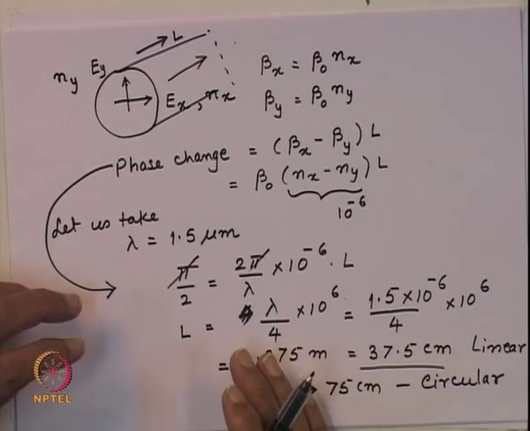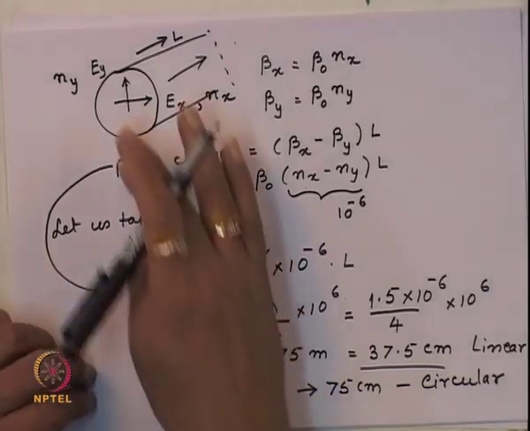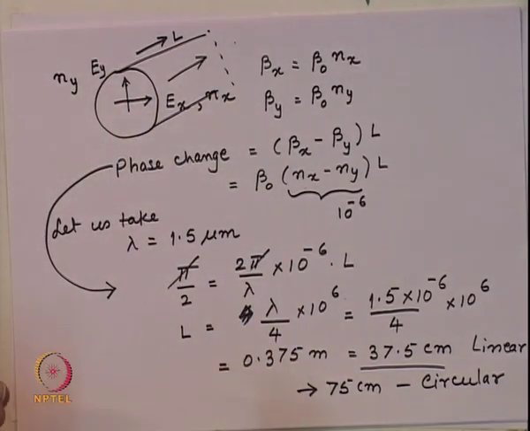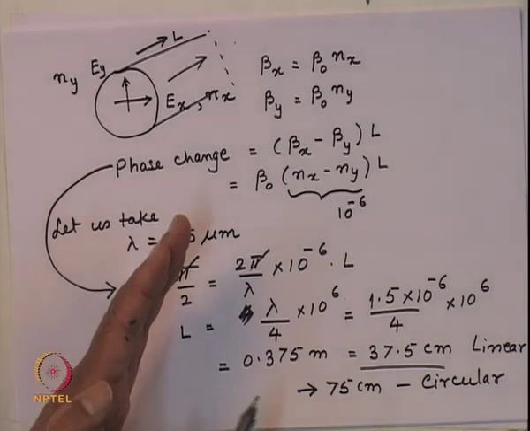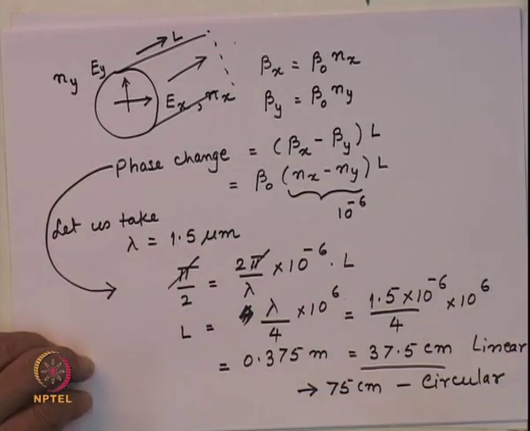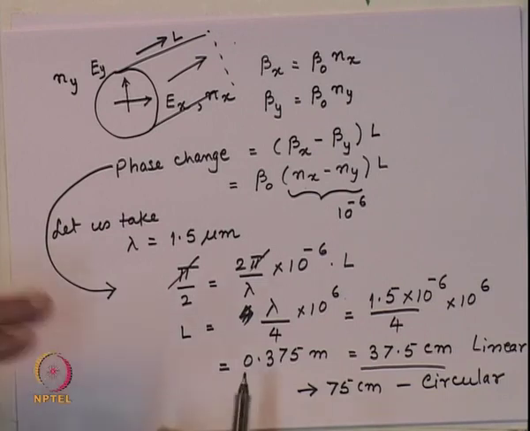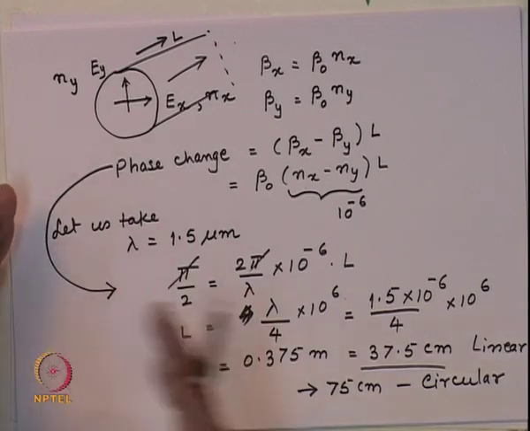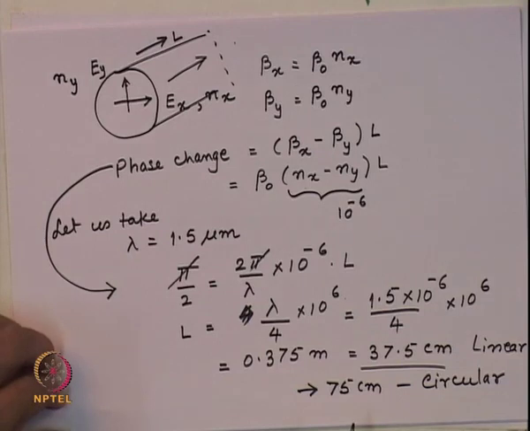That means, assuming that the two polarizations undergo the same amplitude change, we will see that the wave goes from linear polarization to circular polarization to linear polarization periodically, and this period is 75 centimeter, where the initial polarization is again restored back.